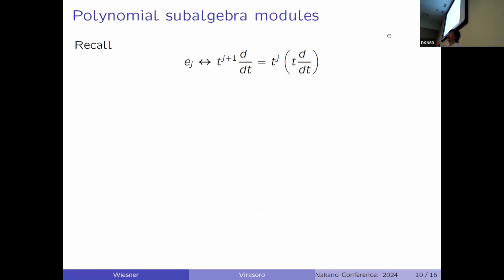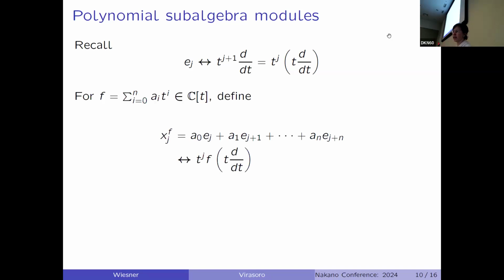And as I said before, think of it as we're ignoring the triangular decomposition and going back to the fact that we can think of the Virasoro algebra as a central extension of these derivations on the Laurent polynomials. So this is the identification that I put up before.